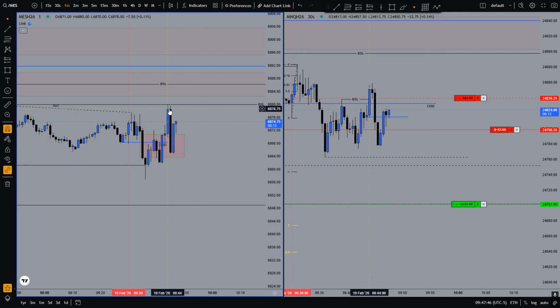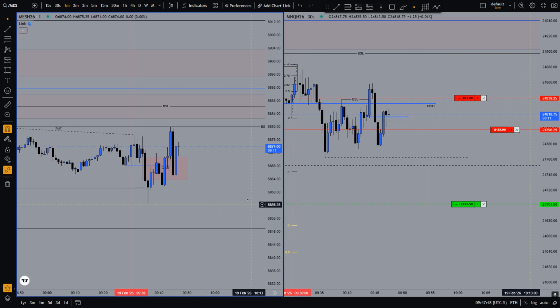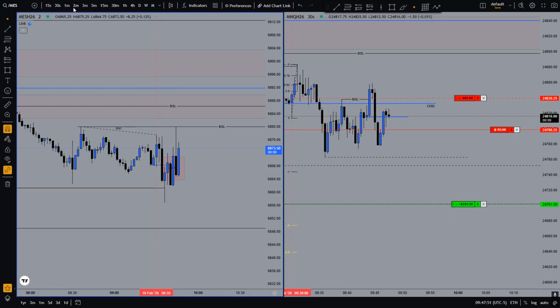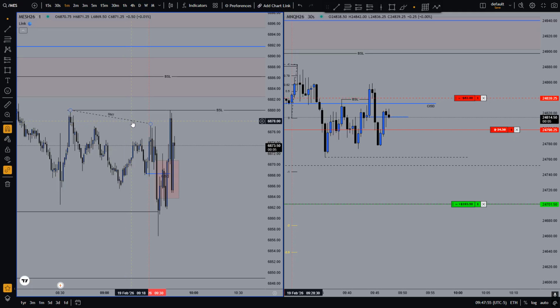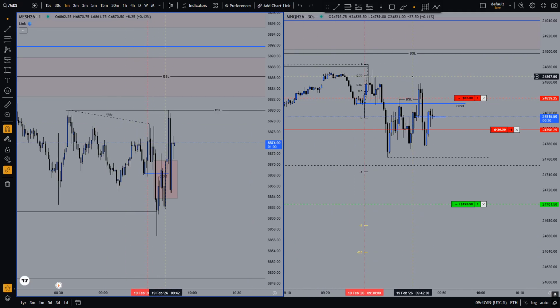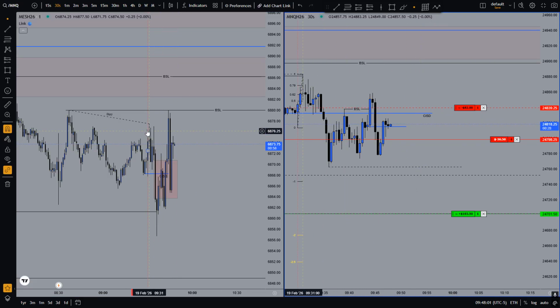One thing is, ES did make equal highs, and equal highs are a stronger area of liquidity. But since NQ already took that high.